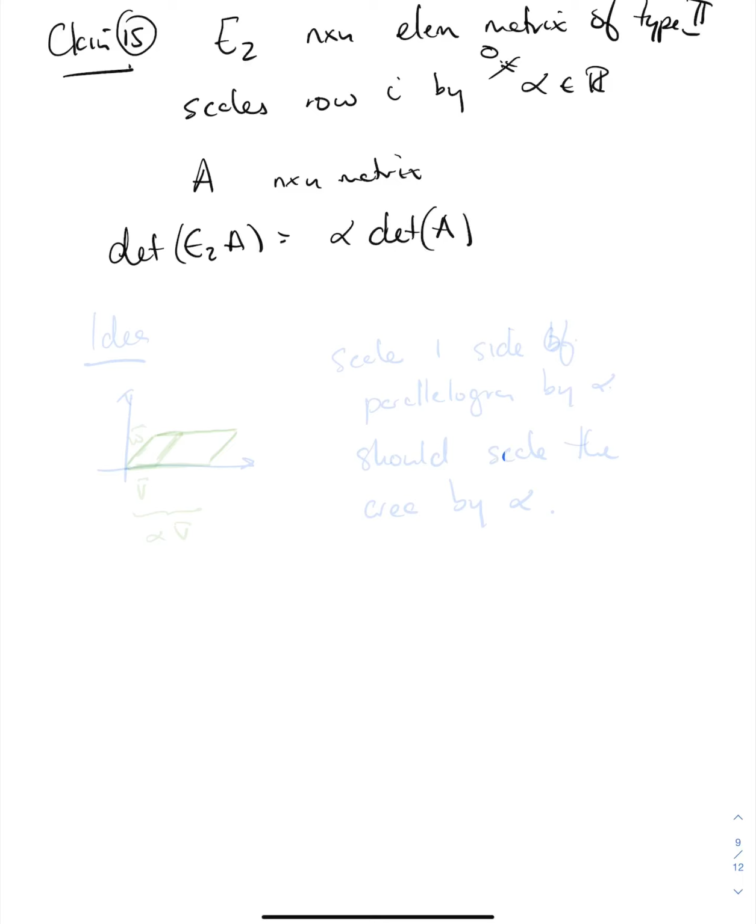And this one is pretty easy to imagine. Here's the idea. Let's stay in 2 dimensions, and say I've got some parallelogram determined by v and w. What if instead one side was alpha times v?